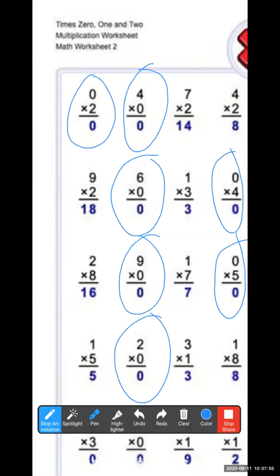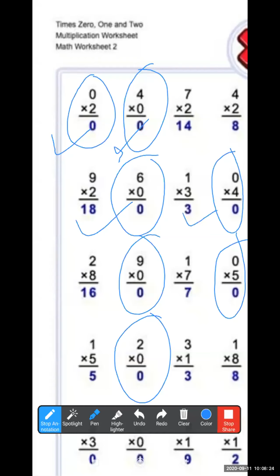This is my request to all of you. Observe them. This sum is 0 multiplied by 2, and we have got answer 0. See this sum, 4 multiplied by 0, and we have got answer 0. We have got product 0 there. See this sum, 6 multiplied by 0, we have got answer 0.